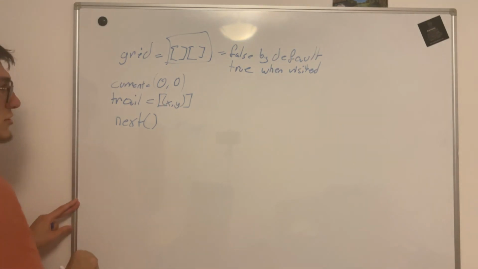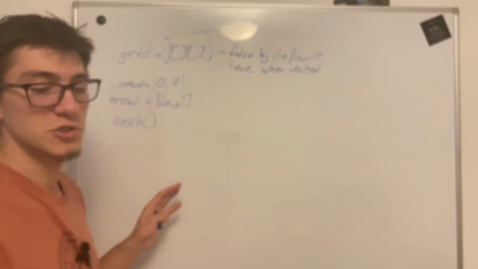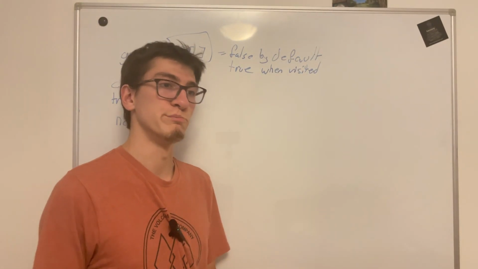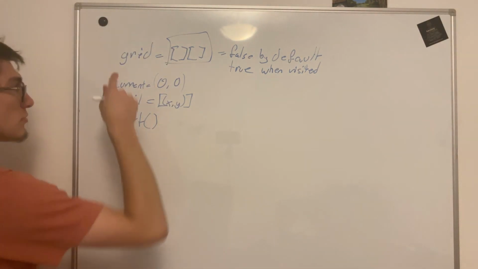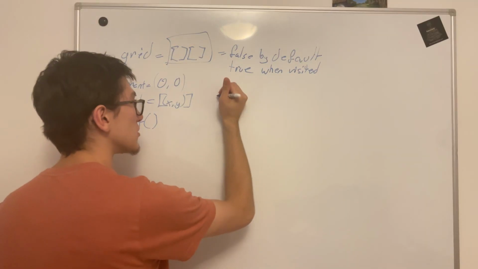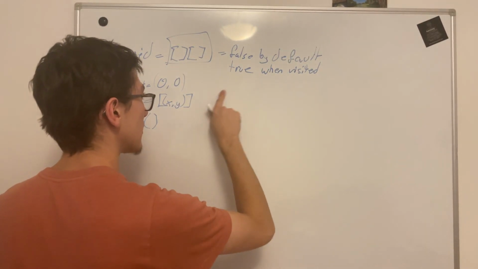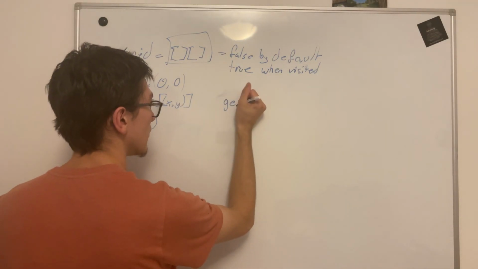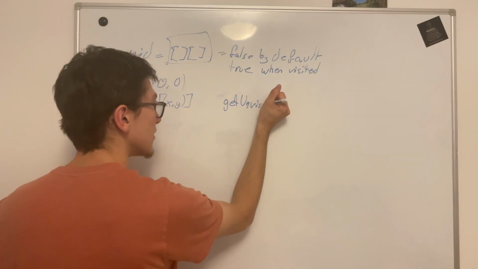So I'm thinking we could just have a quick function that returns us... It's not going to be efficient code for sure, but I'll leave that up to you to refactor it, make it better. So we'll have a function that gets all the unvisited.